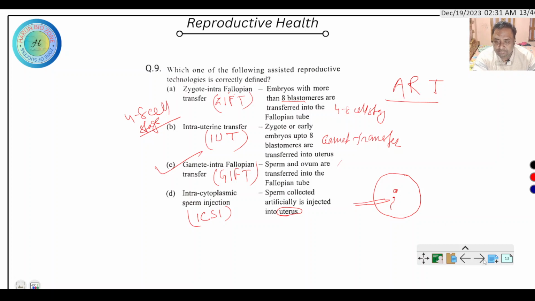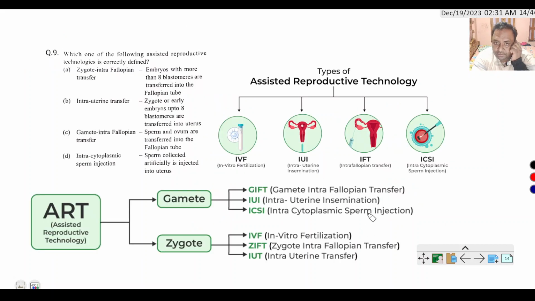Next question. Here you can see different types of artificial assisted reproductive technology. Assisted reproductive technology has two processes: gamete transfer or zygote transfer. When the gamete is transferred into the female uterus or fallopian tube, this is GIFT, gamete intrafallopian transfer.